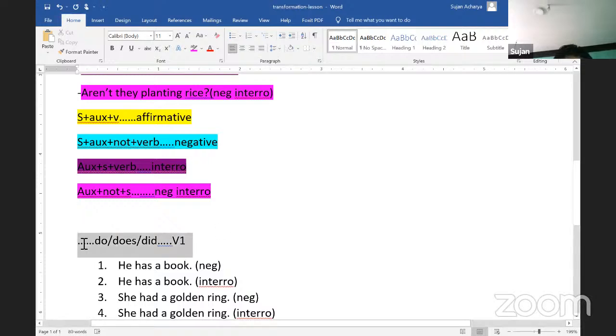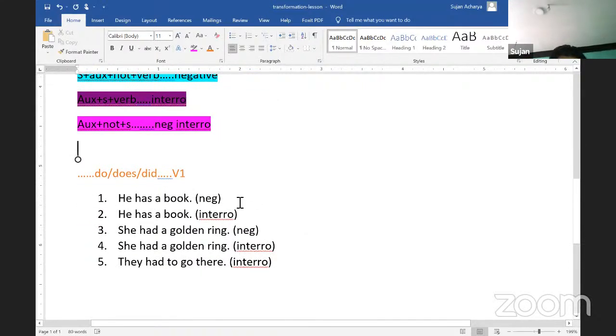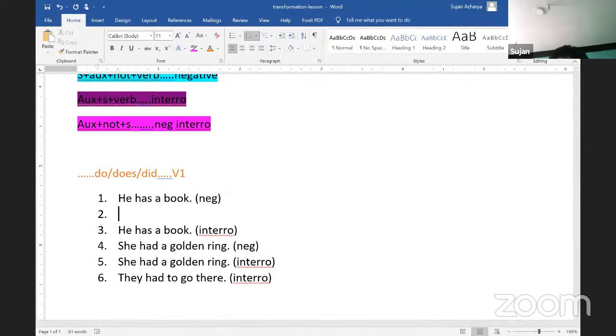And rather than going through the rules, practice the sentences. Like, he has a book. Negative. There can be two answers. Why? Because have can be used as a possessive verb and as the main verb in the sentence. It has two answers. One: He has not a book.